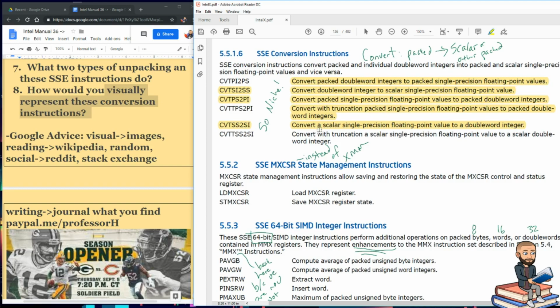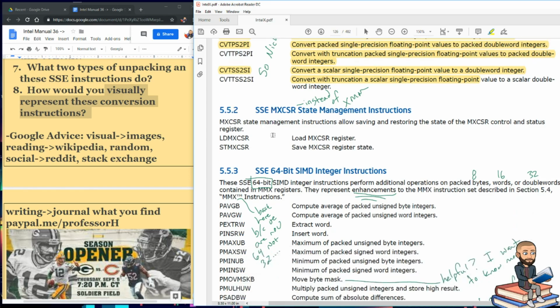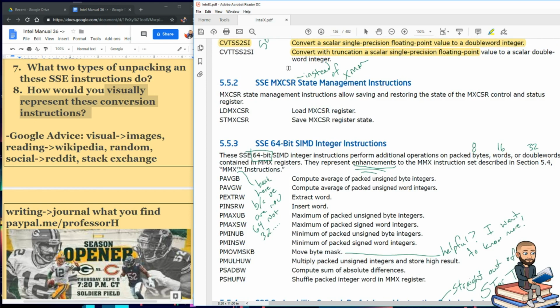So you can convert a scalar single precision floating point value to a double word, and then you can convert with truncation a single scalar floating point value to a double word as well. I might have said as well too many times here, but as you can tell, there's this pattern Intel's using for the Chapter 5 instructions.